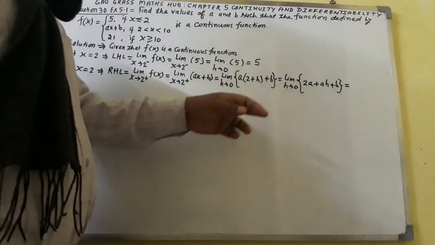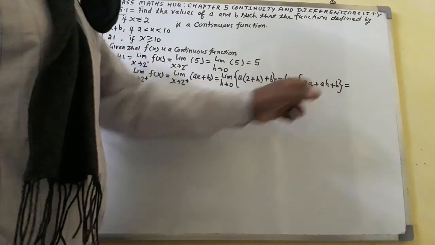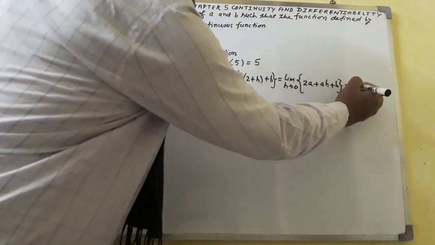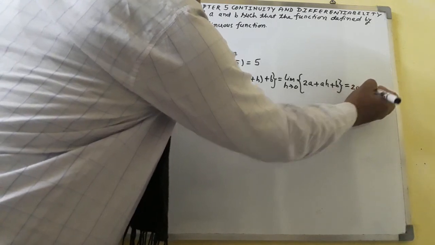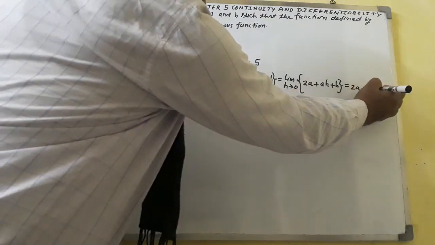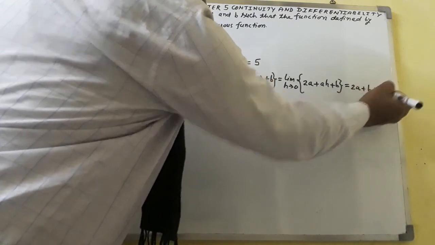Remove the limit h tends to 0 from here and put h equal to 0. So here you will get 2a plus b plus a into 0.